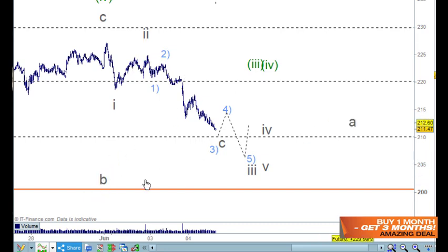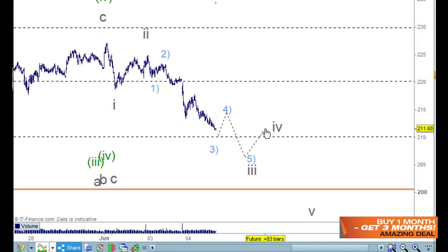I think I've got to put them over this side on the tick chart now. Okay, so that's kind of where we're at here at the moment with this. So that will bring us back down here somewhere. That might come down further here. It just doesn't look quite finished. It only looks like it's in 3 waves.